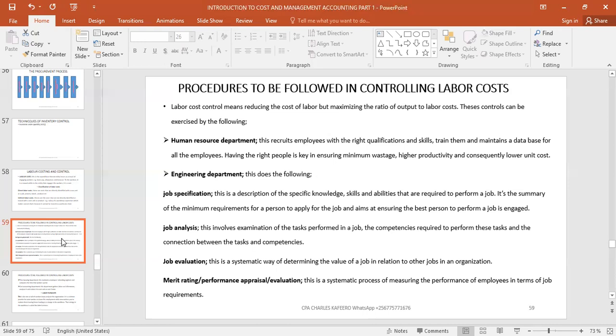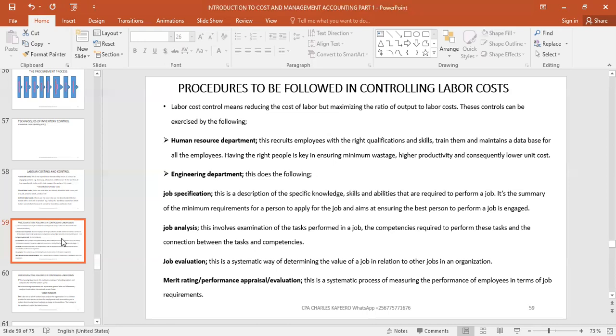It's that department which oversees the need for workers, and they try to analyze what is needed for the job and what is the cost that is going to be incurred when those employees are recruited, and what we are really expecting them to do.